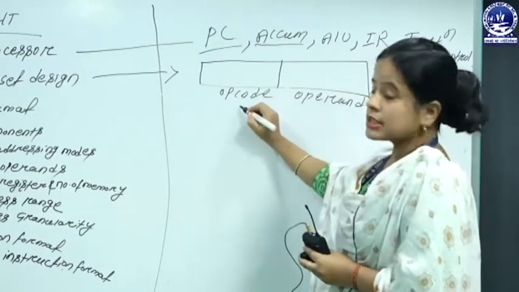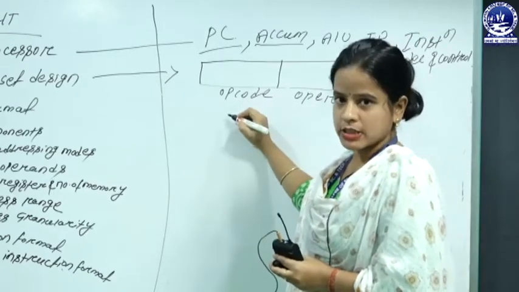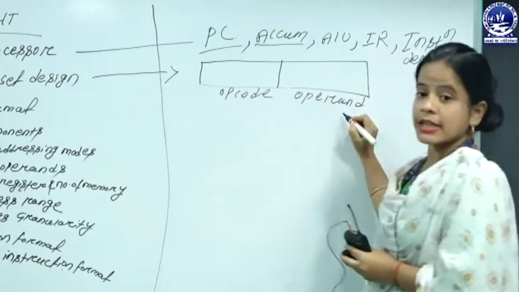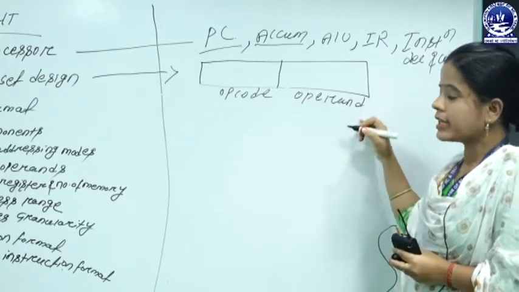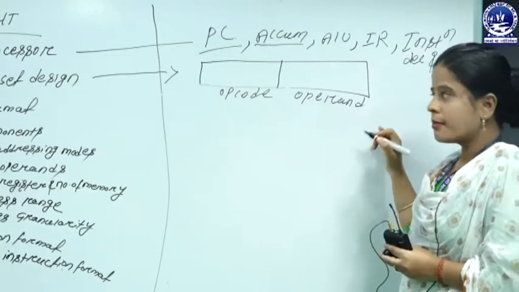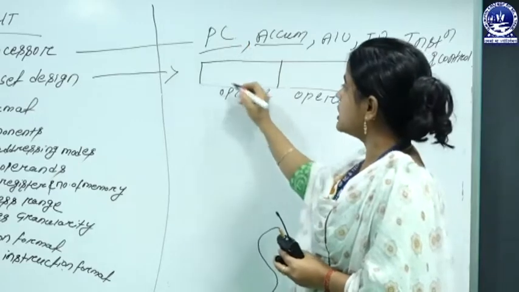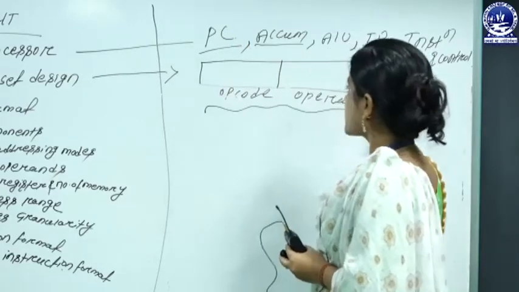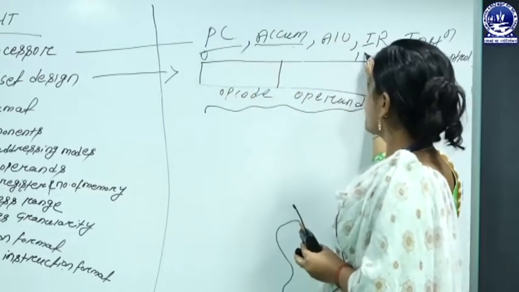Here the opcode specifies the operation code, that means the operator or the function, and the operand specifies the raw ingredients or data value you have to take for performing the data manipulations. That means in the case of the MU0 processor, the instruction size is fixed, that's 16 bits, from 0 to 15.